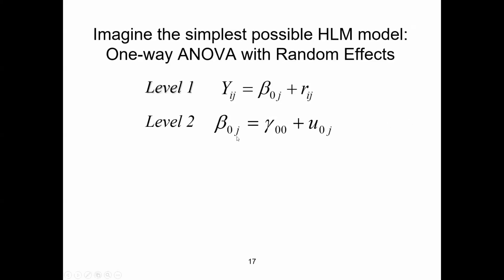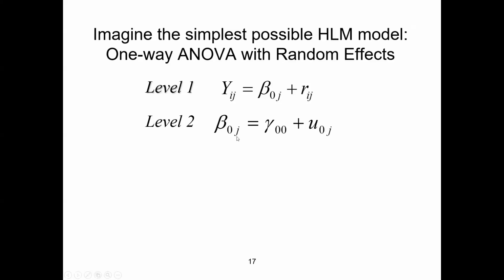The i stands for individual and the j stands for cluster, or in this case, schools, because we're using that HSB example. So a person i in cluster j's score on the outcome variable y is equal to beta sub not j plus r sub ij.